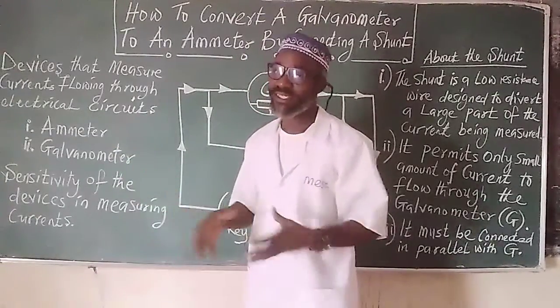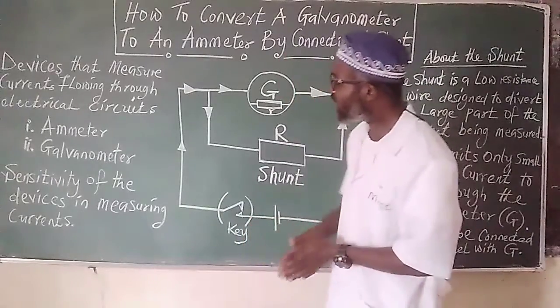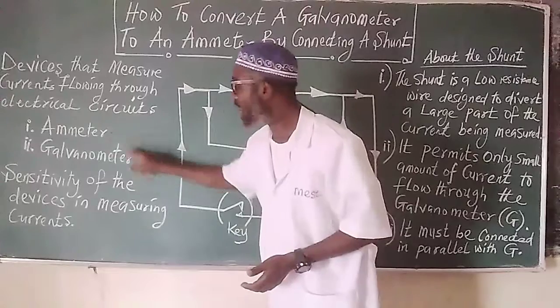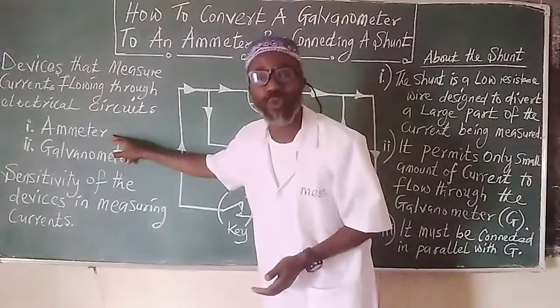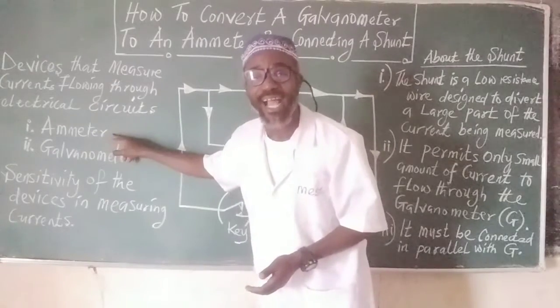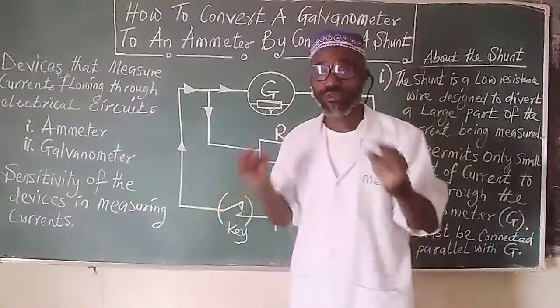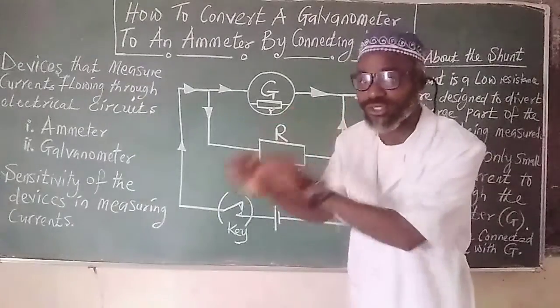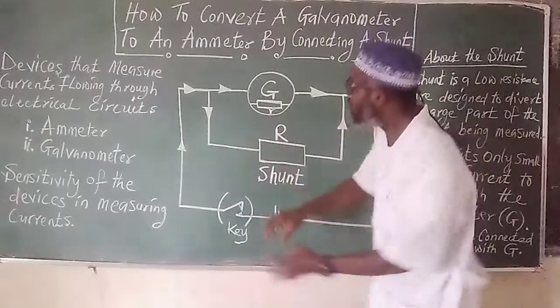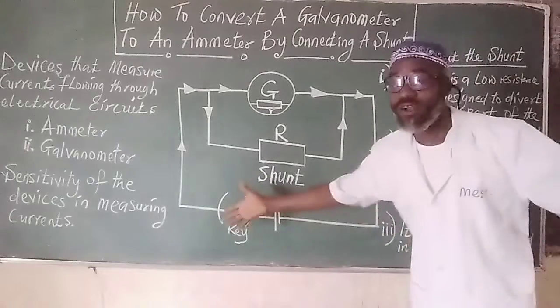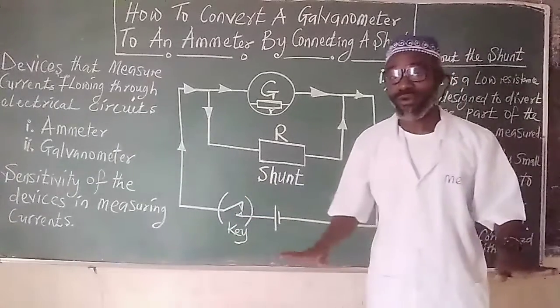But our interest here is, how do we now convert galvanometer to an ammeter? And how do we make an ammeter sensitive enough to detect and then measure small amount of current flowing in the circuit? That's our concern, not more.